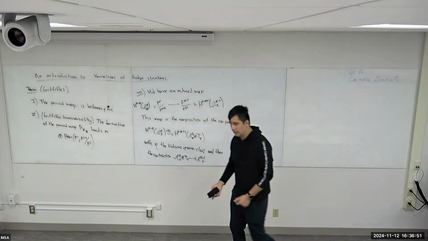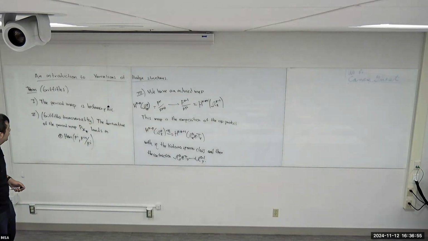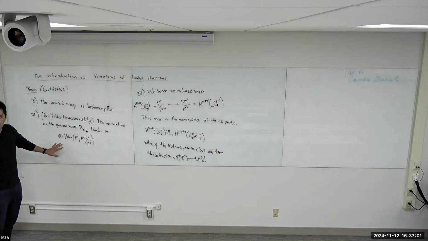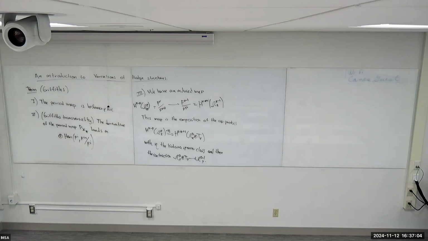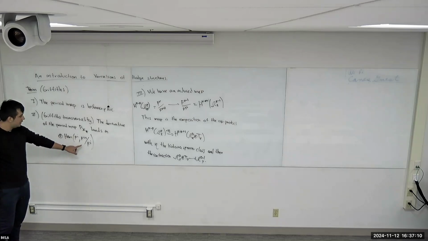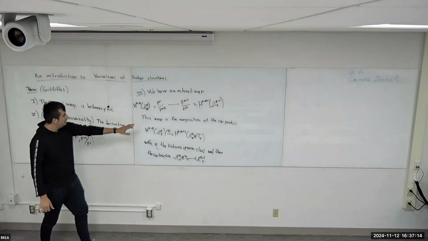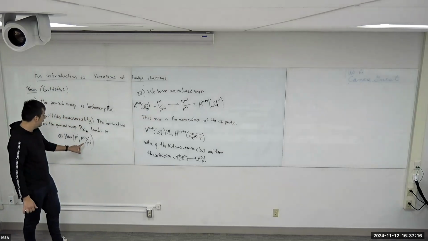So questions here? How is statement 3 related to statements 2 and 1? Statement 2 reduces this map. Why? Because for this map to be well defined, I need this property.